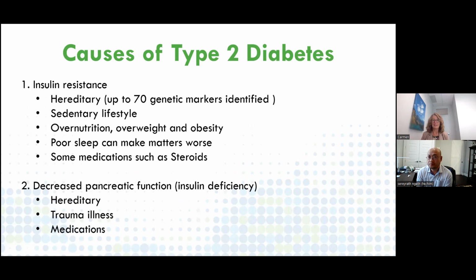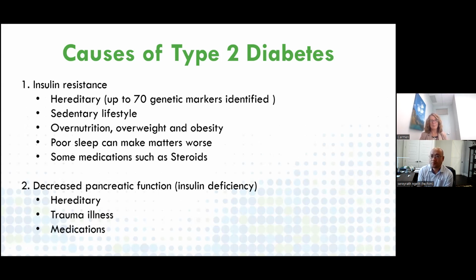So, insulin resistance: we know from Diabetes Canada that we can identify up to 70 genetic markers in insulin resistance and type 2 diabetes. Sedentary lifestyle plays a big part in insulin resistance. Overnutrition, overweight, and obesity absolutely can cause insulin resistance. Poor sleep can make matters worse.